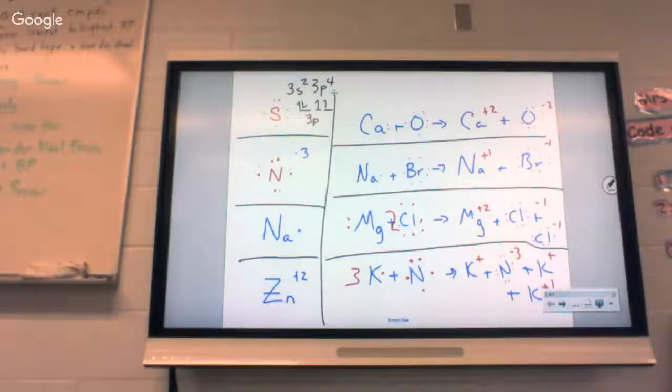If you want to do it like I did it, some books will show up with just 3 Ks on the other side. I don't typically like it that way though. It should be done the way I have it on the board.